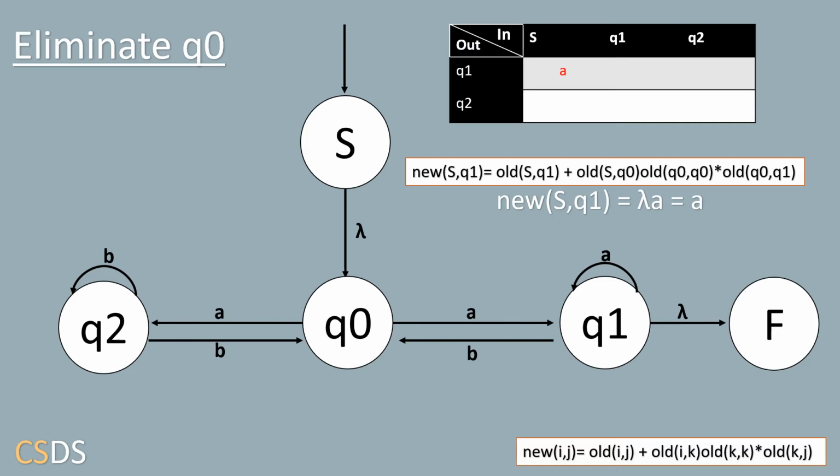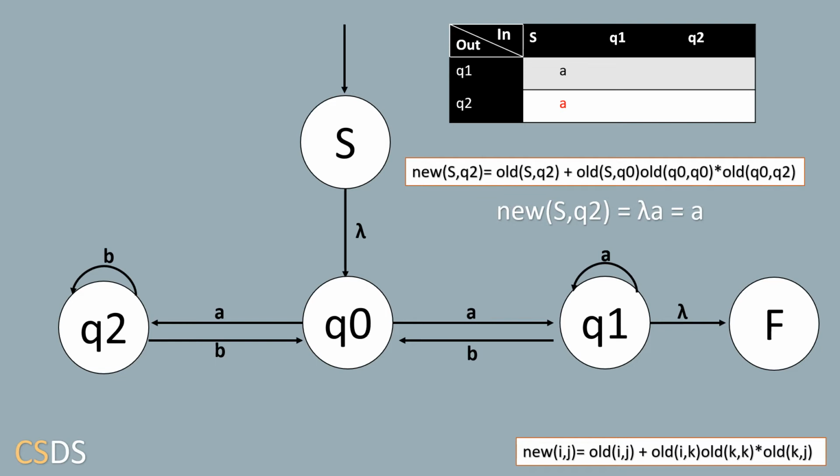Now we're looking for the transition from S to Q0, which is lambda, followed by a transition from Q0 to itself star. There's no transition like that, so we continue. That is followed by the old transition from Q0 to Q1, which is A. So the expression we got is lambda followed by A. In this expression, there's no meaning to the lambda, so the new transition from S to Q1 is A.